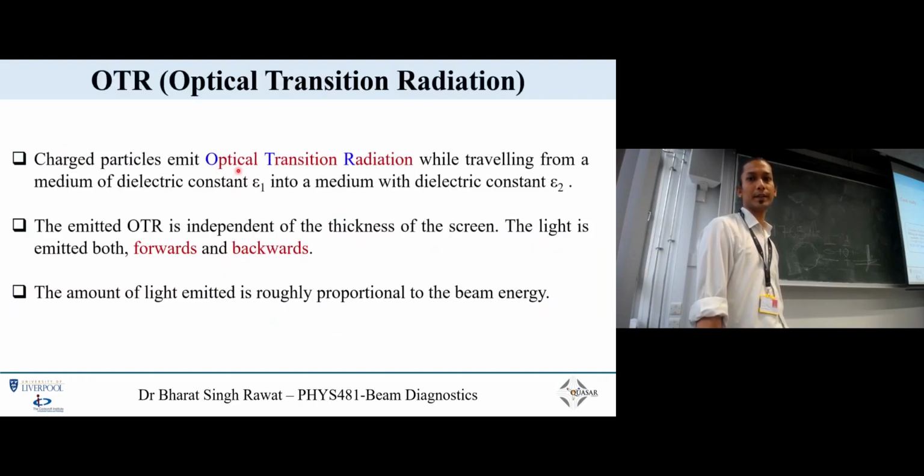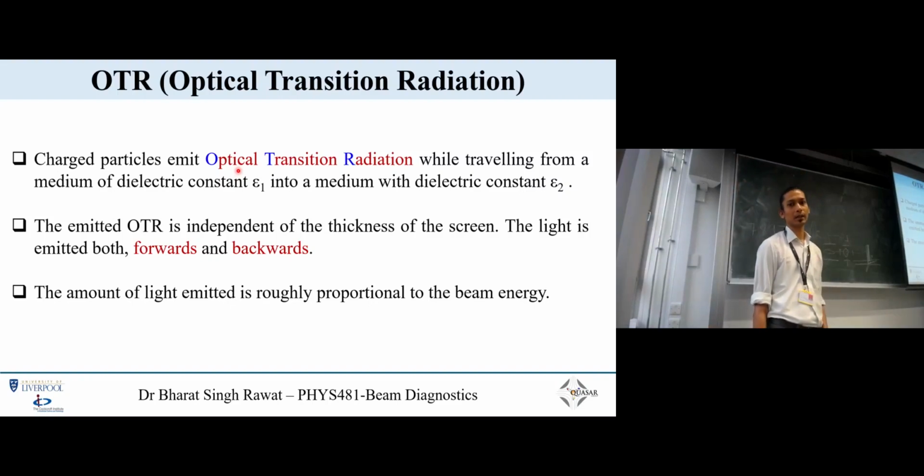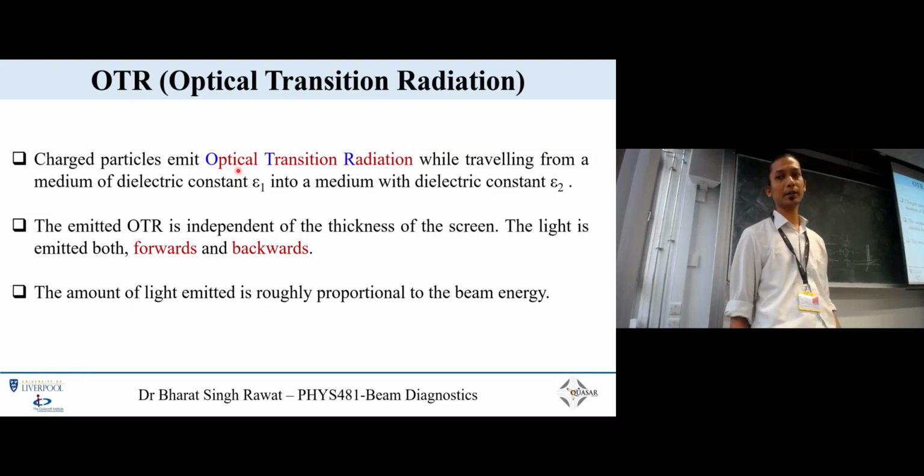Okay, the next thing is transition radiation, specifically optical transition radiation, because it is in the optical range, we can see it, but there are other transition radiations which are not in the optical range. This kind of radiation occurs when the particle travels from one dielectric medium with one dielectric constant to another dielectric constant.